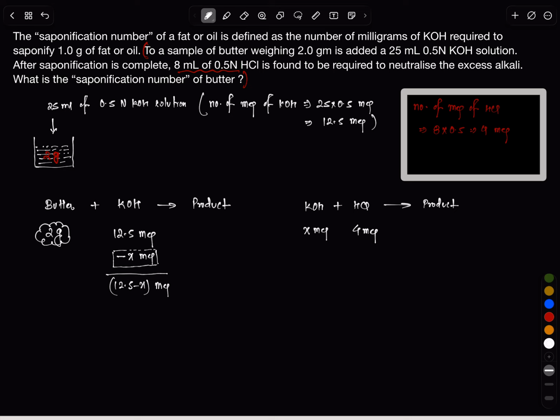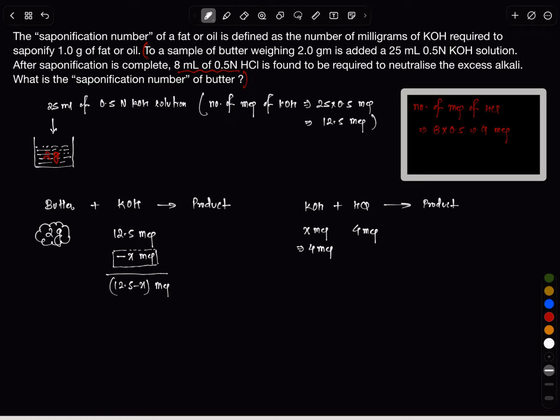And we know, using the law of chemical equivalence, for X milliequivalents of KOH, X milliequivalents of HCl will be required, which is 4 milliequivalents. So X will be nothing but 4 milliequivalents. So 4 milliequivalents of KOH was unreacted out of this 12.5 milliequivalents while reacting with this 2 gram of butter.